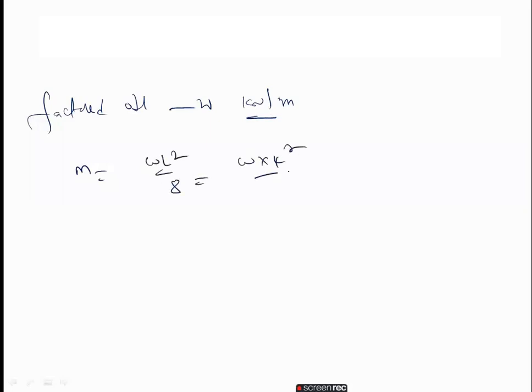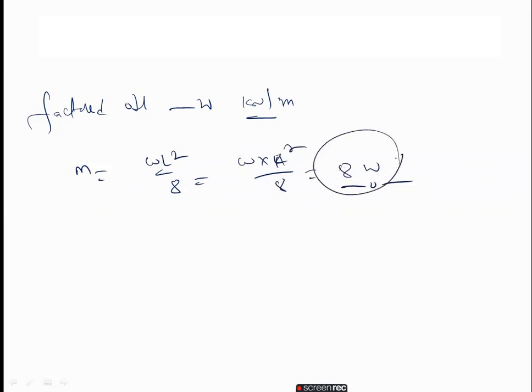Now let us take the factored UDL. The factored UDL is w, in kilonewton per meter length. How will we calculate the moment? Moment is wL square by 8. With L as 4, 4 square by 8, we will get 2w here. This is the factored moment.